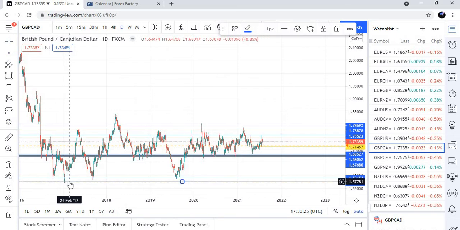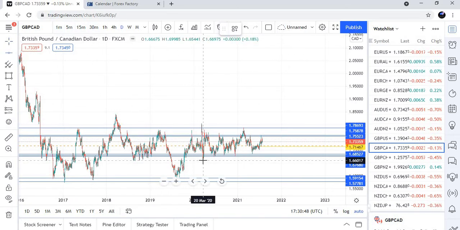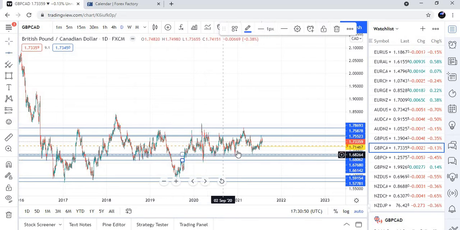It has been respecting this level as its support, and it has also been respecting this level as its resistance. So it will only be advisable to trade these pairs when they touch major support and major resistance levels.